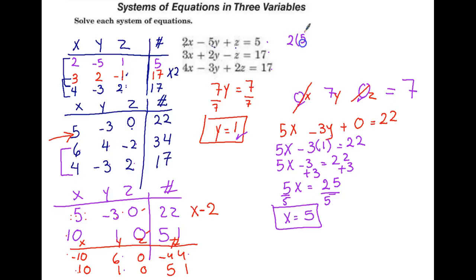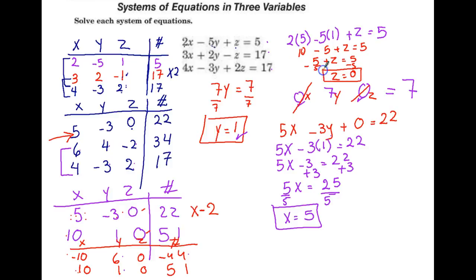So 2 times 5 minus 5y, y is 1, plus z equals 5. Now all I have to do is solve for z. 2 times 5 is 10, minus 5, plus z equals 5. 10 minus 5 is 5, plus z equals 5. Subtract 5 from both sides: z equals 0.